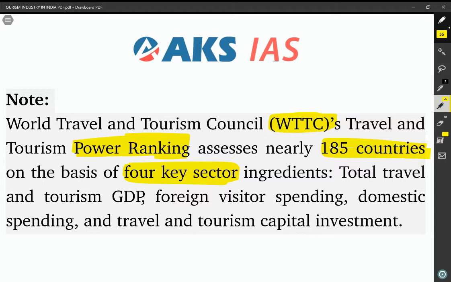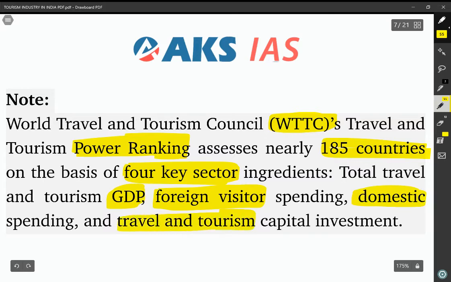The ranking is based on total travel and tourism GDP of the country, foreign visitor spending, that is, when a foreigner visits India or any other country, the spending that they do, then domestic spending, and travel and tourism capital investment. So, what is the capital investment that a country is providing for the travel and tourism sector?